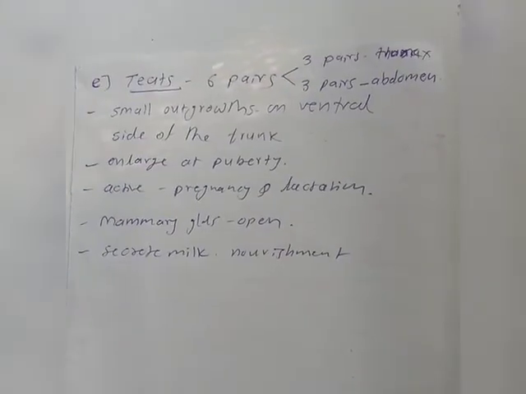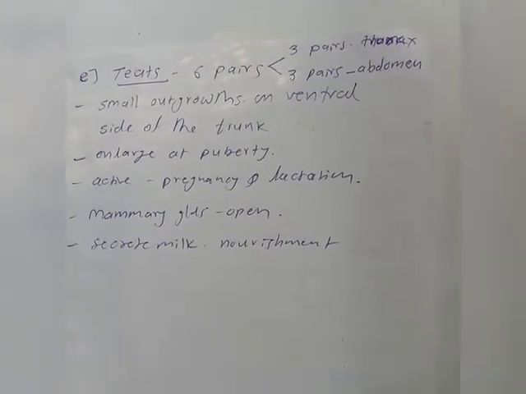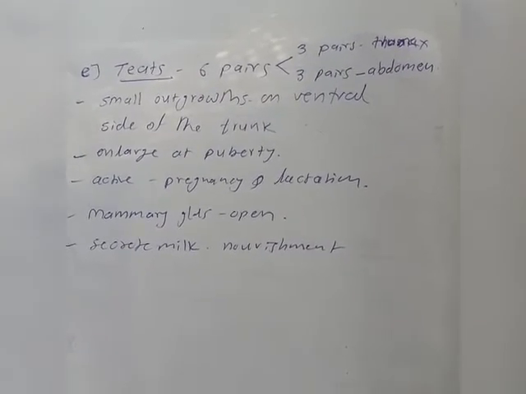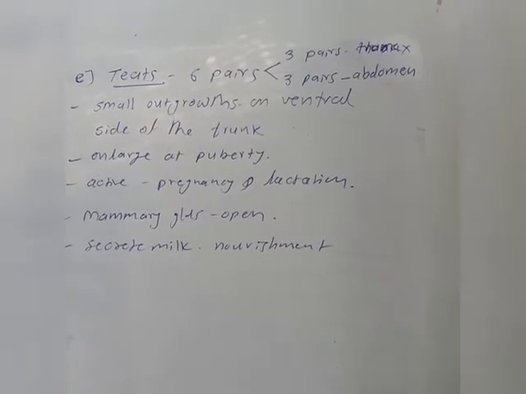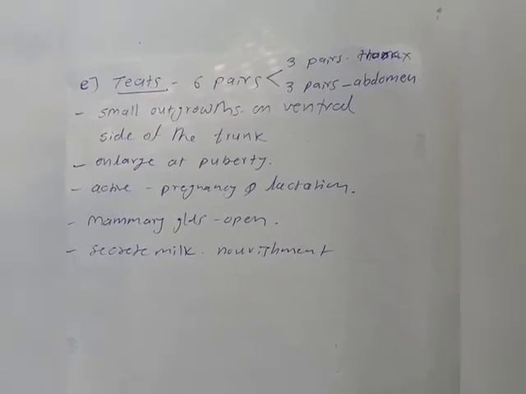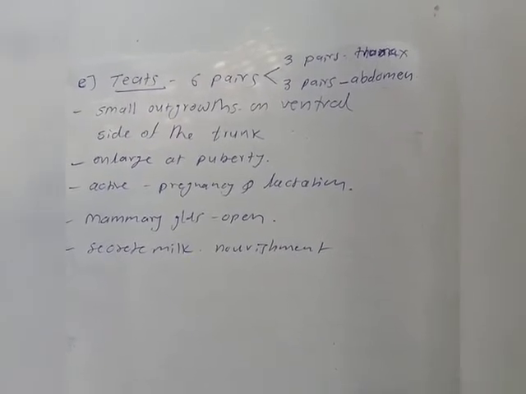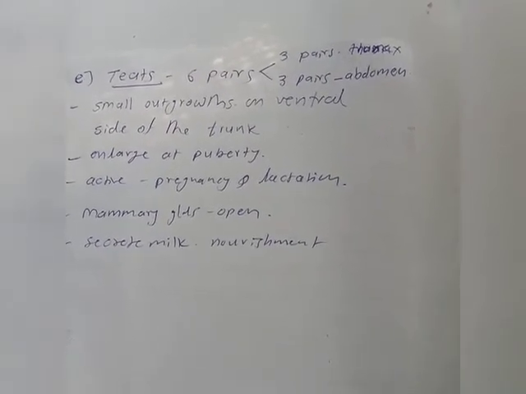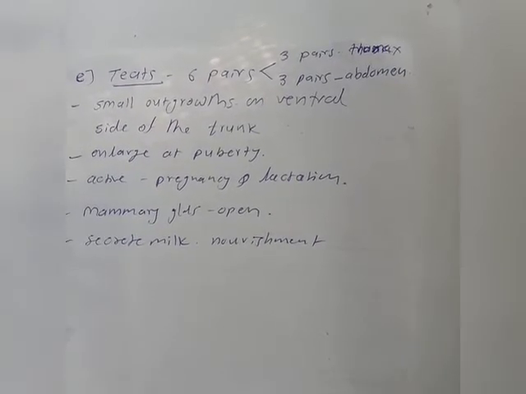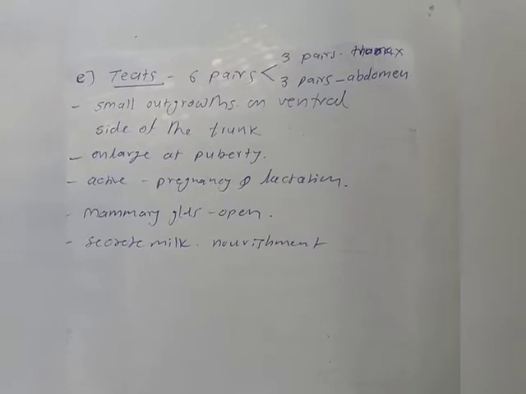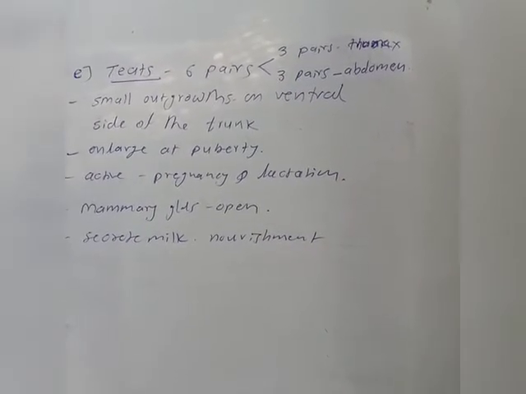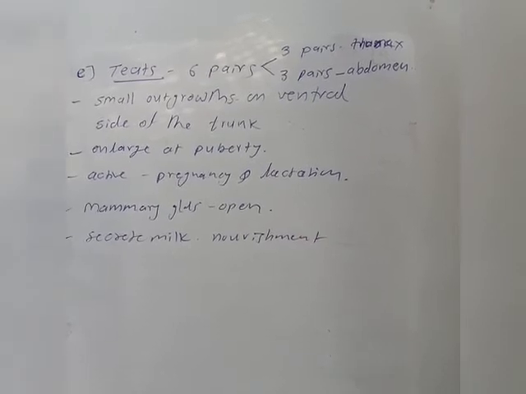Then last part of the system is teats. There are small outgrowths on the ventral side of the trunk. The teats are of about 6 pairs. किती आहेत टोटली 6 pairs आहेत, त्याच्यातली जी 3 pairs आहेत they are located on thorax and 3 pairs on the abdomen. The maximum gap occurs between the third thoracic and the first abdominal pairs.